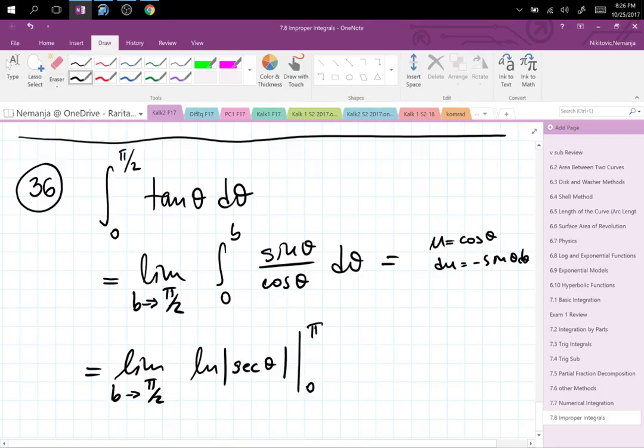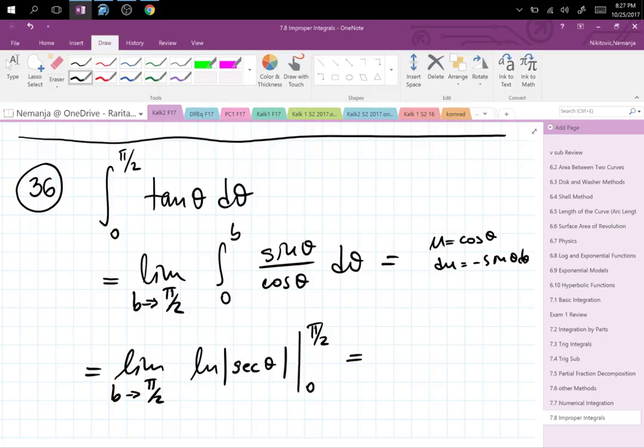From 0 to pi over 2. You have a negative in front, right? And you have a cosine inside. When it goes cosine to the negative 1, that is 1 over cosine, which is secant. And that takes care of that.